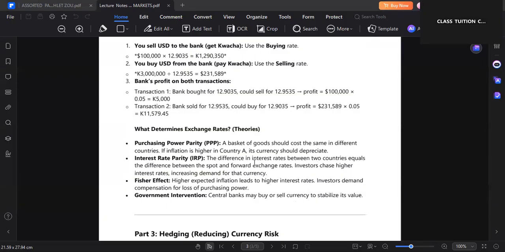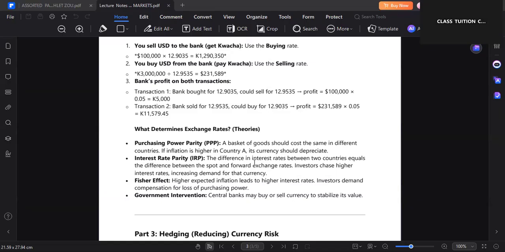This theory says that a basket of goods should cost the same in different countries. For instance, if a McDonald's burger costs $5 in the US and £5 in the UK, then the exchange rate should be $1 to £1. But if inflation is high in the UK, the pound should weaken. So purchasing power parity links inflation and exchange rates.